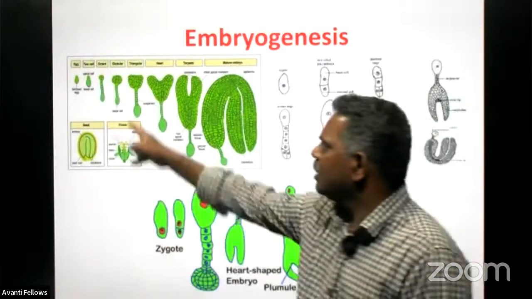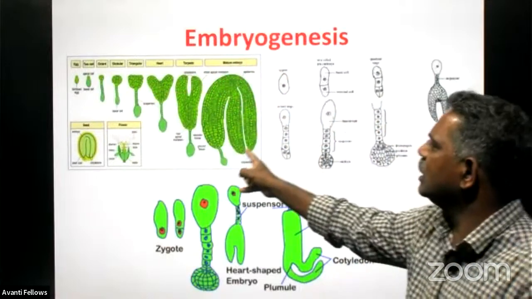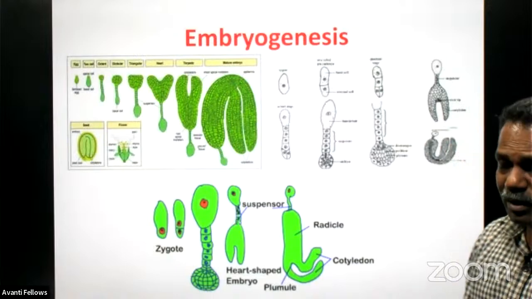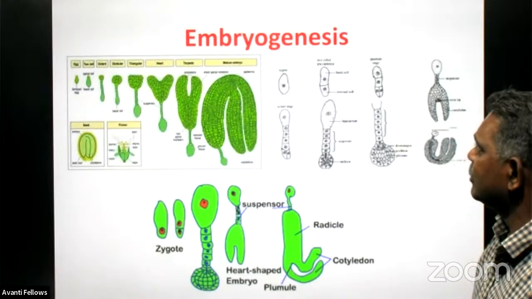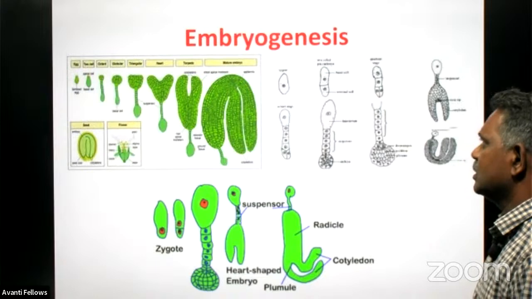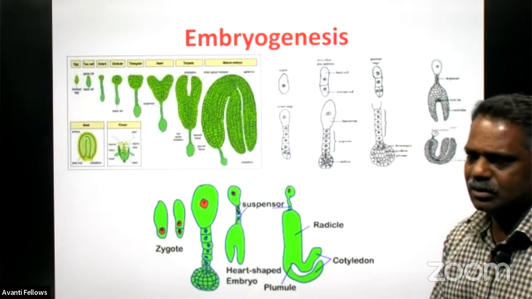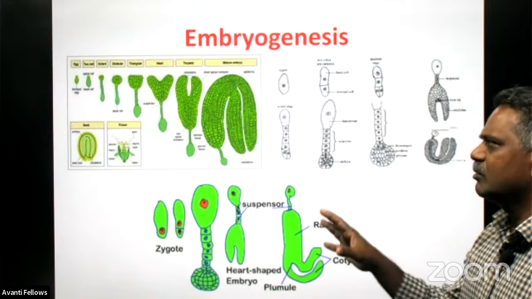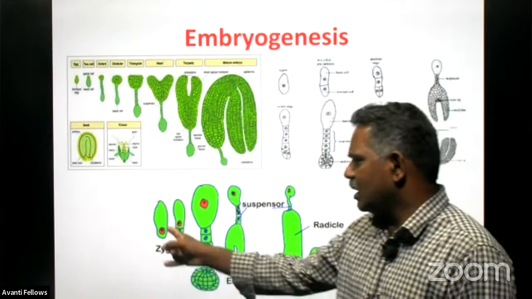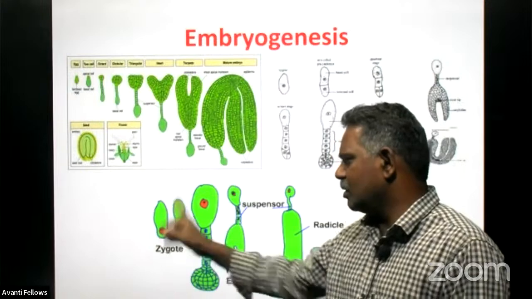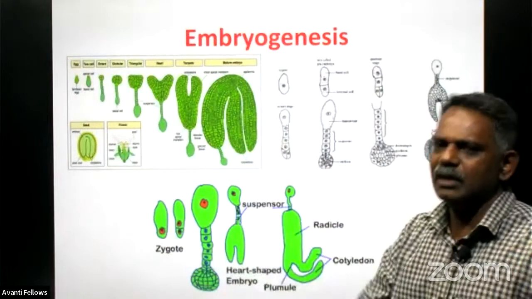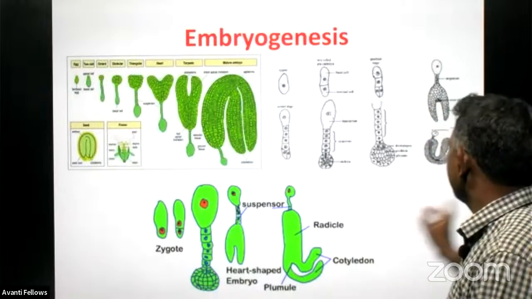So this is the type of development after double fertilization, the development of the zygote into the embryo, and we call it embryogenesis. So embryogenesis is nothing but the process of formation of the embryo from the fertilized egg, or the zygote, and this also happens inside the embryo sac.